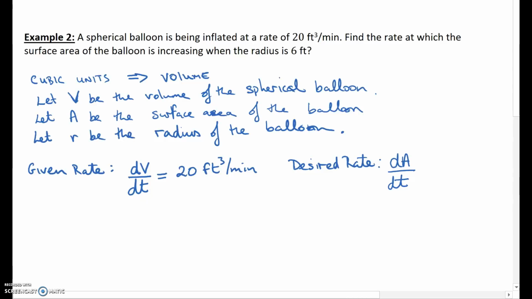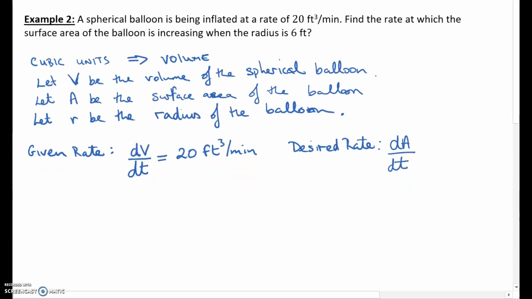Now, the instructions you had previously were to look for a formula that relates the given rates and the desired rates, or at least the variables within these. We don't have a simple equation that relates the volume of a balloon to its surface area, but we do have formulas for each.